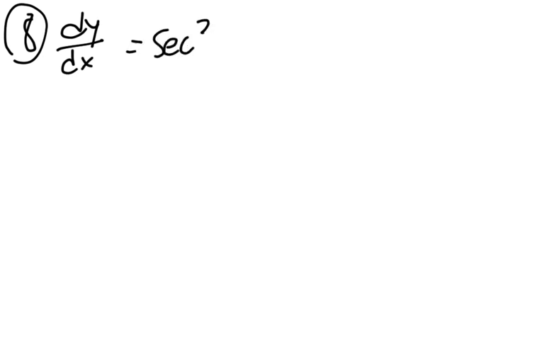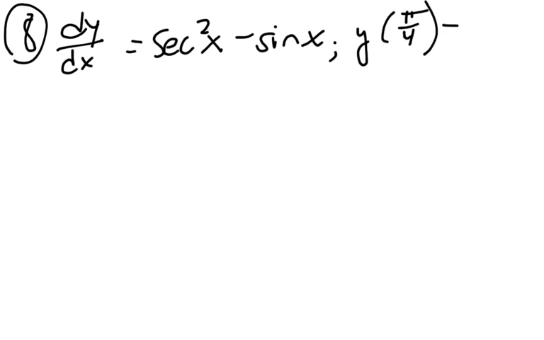Alright, number 8. Same kind, dy dx equals secant squared x minus sine x, and this time y of pi over 4 equals 1.